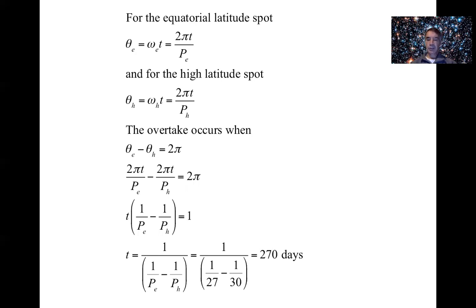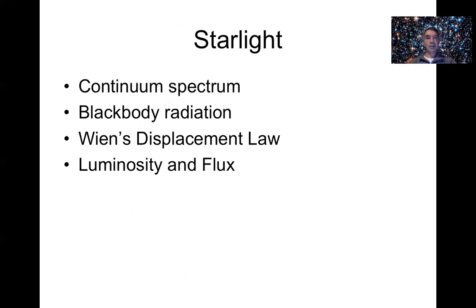Okay, so as you can see from this week's backdrop, we're moving on now, and we're going to start to talk about stars in general, and we're going to start with some basics about looking at the radiation from stars, and in particular we're going to talk about what I will call the continuum spectrum.